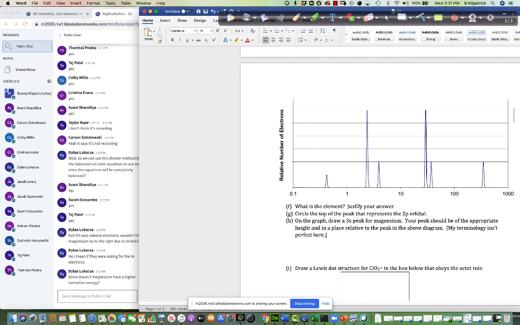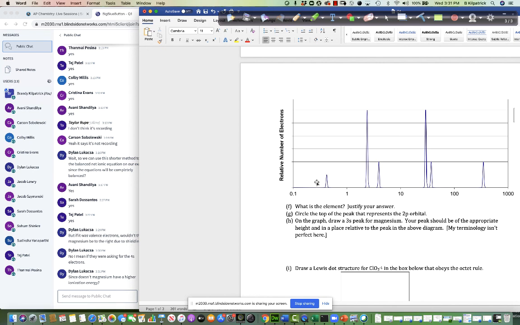If they were asking for 4s, but that's not what the question was asking. It was asking about 3s. Okay, Dylan, but when we talk about ionization energy, that's the first ionization energy. We're just talking about removing one electron. If we're looking at the PES spectrum that you have, when we talk about ionization energy, we're going to remove that first electron from the outermost shell.